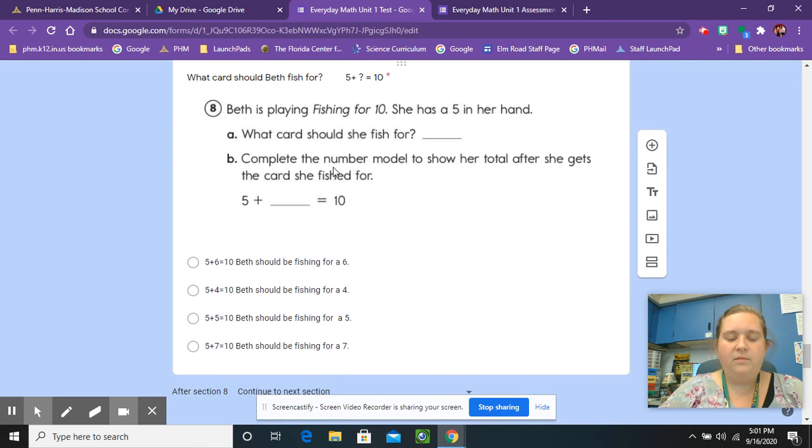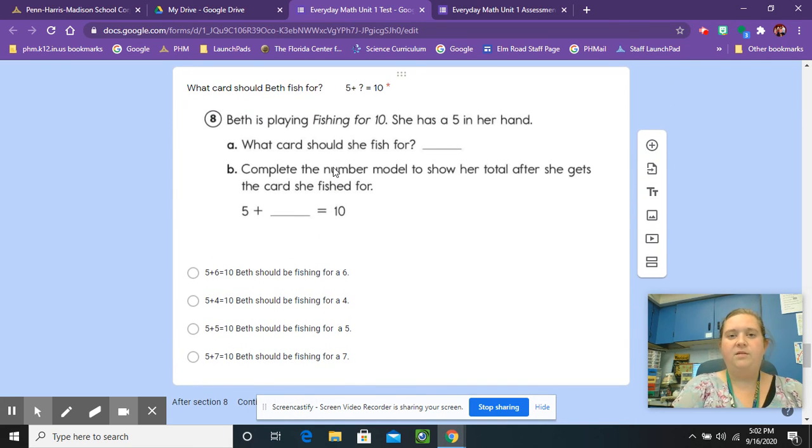Then the next one, you have a question about a game that we played called Fishing for 10. So I want to know what card Beth should fish for. She has a 5 in her hand already, and she's trying to make 10. So what card should she have in her hand, or what card should she be asking for?